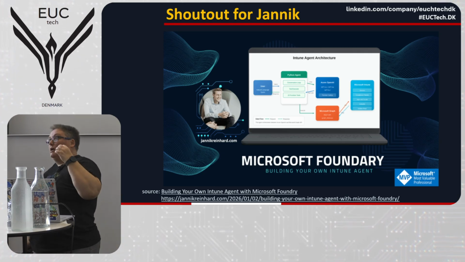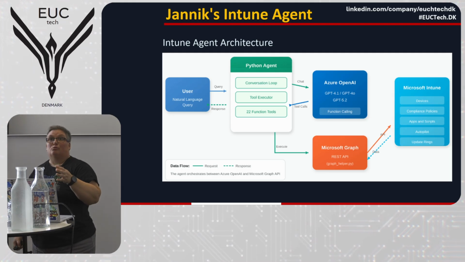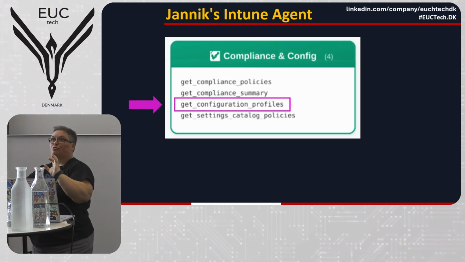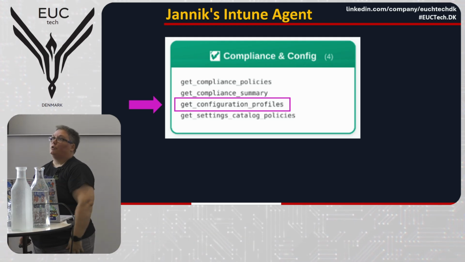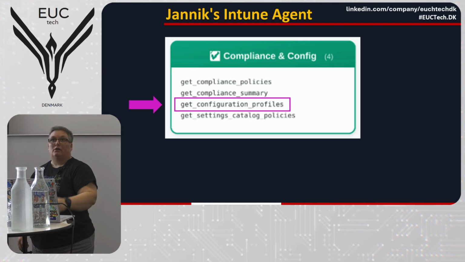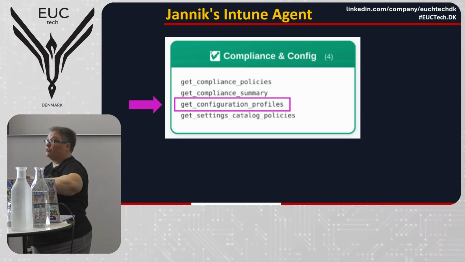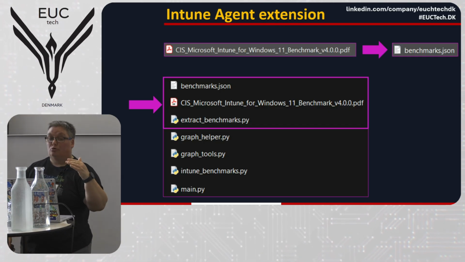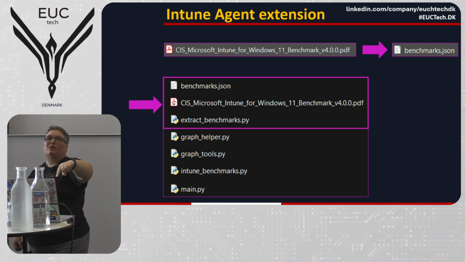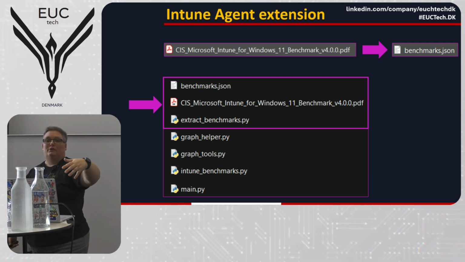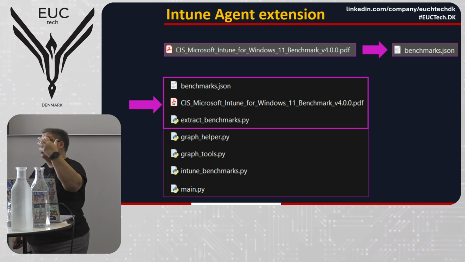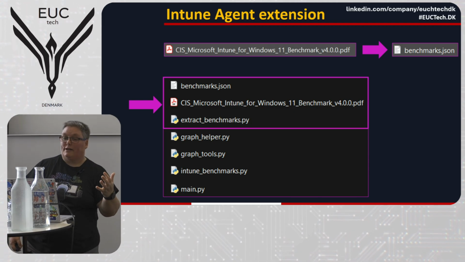And if you are eager to go pro code and to have full control and put in the guardrails for your own agent, check out the blog post from Yannick. I basically used his Intune agent code and noticed that it does have a skill or tool that says get configuration profiles. So that allows me to get all the profiles in place.